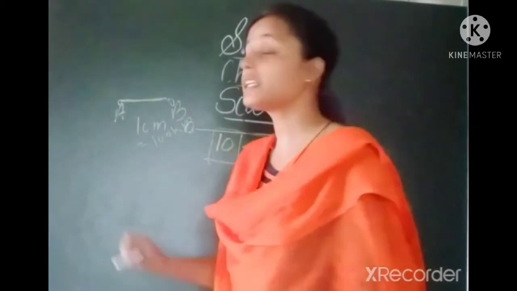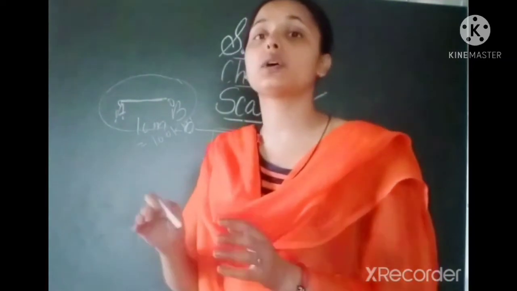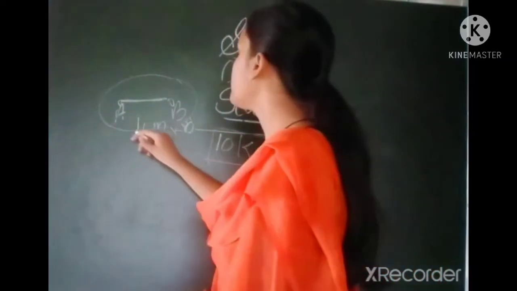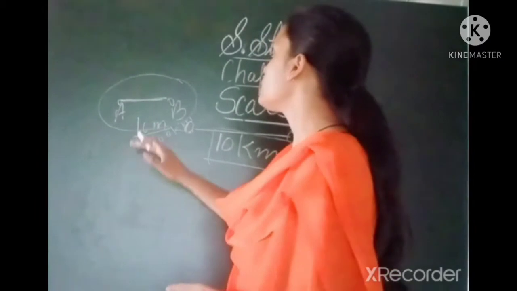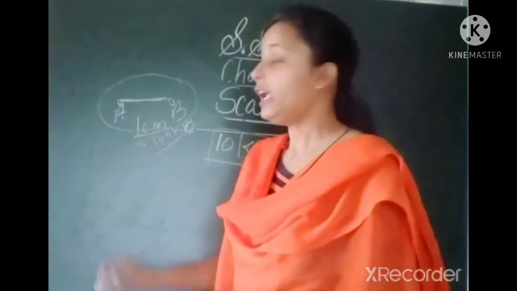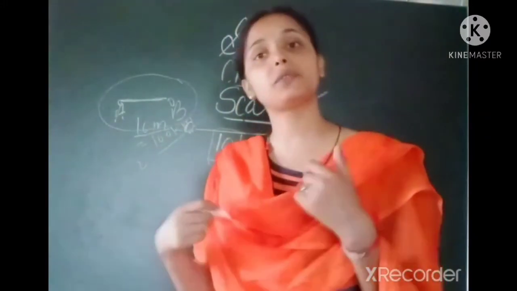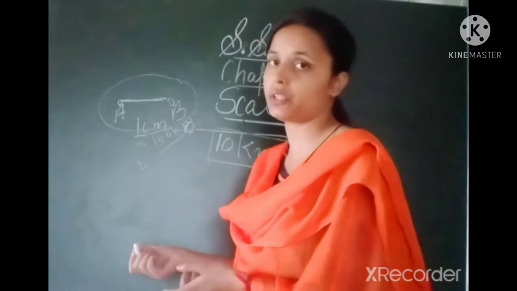Okay, it means if the distance between two places shown on a map is 1 centimeter, in actual it is 100 kilometers. If 2 centimeters, it means 200 kilometers. If 3 centimeters, it means 300 kilometers.